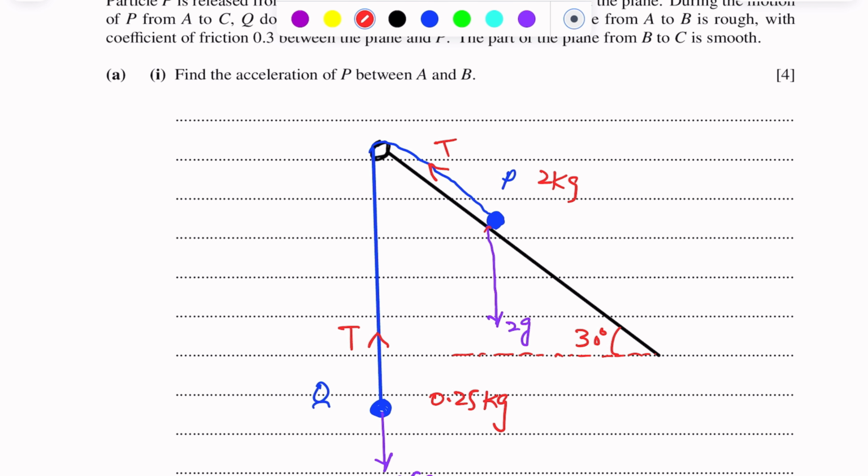These are the components of weight. This component is along the plane and this component is perpendicular to the plane. The reaction of the plane on particle P will be upward from the plane. This is the reaction of the plane, represented by R.